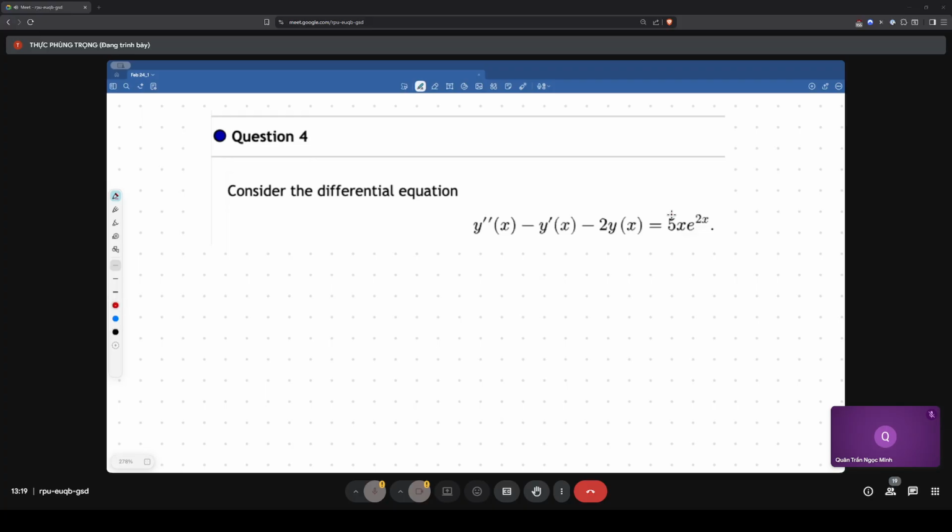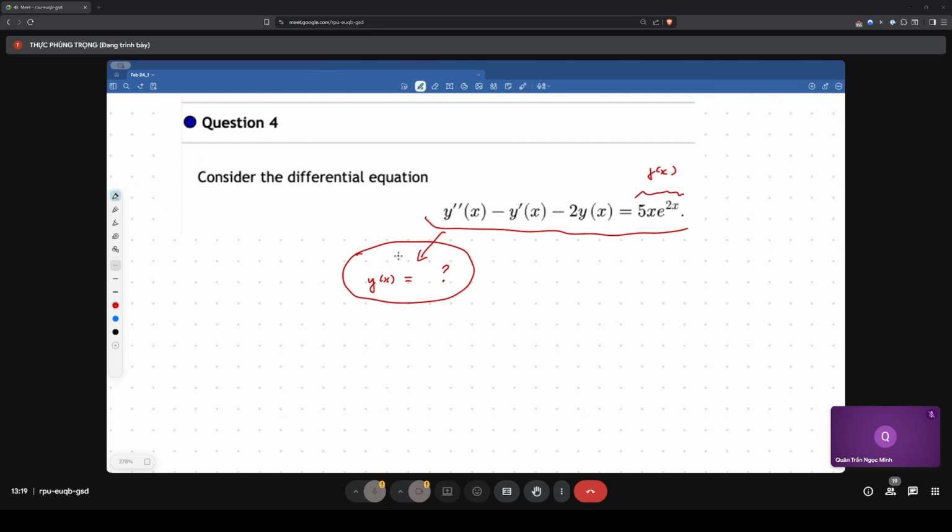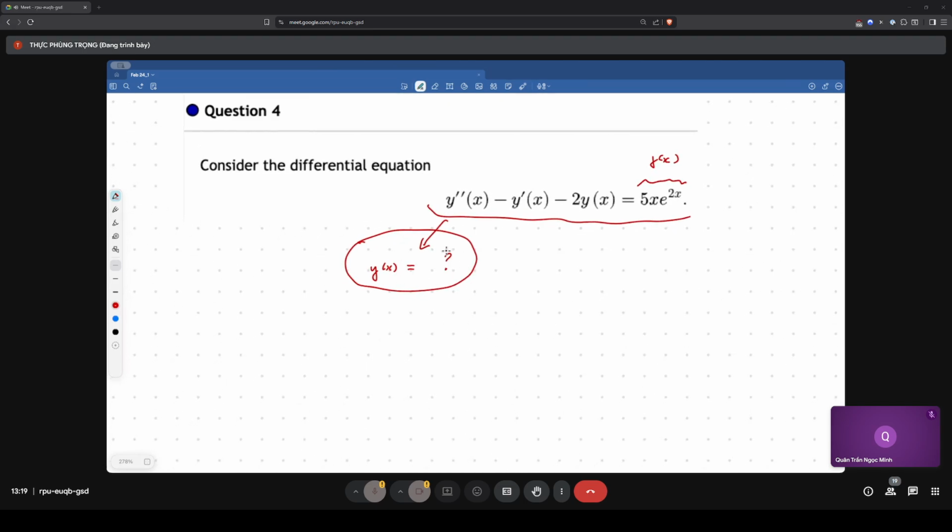So you can see this is f of s. And let's say you want to find all solutions. So what do we have for y, right? That's the question. You know that the answer we have for y is the following one.